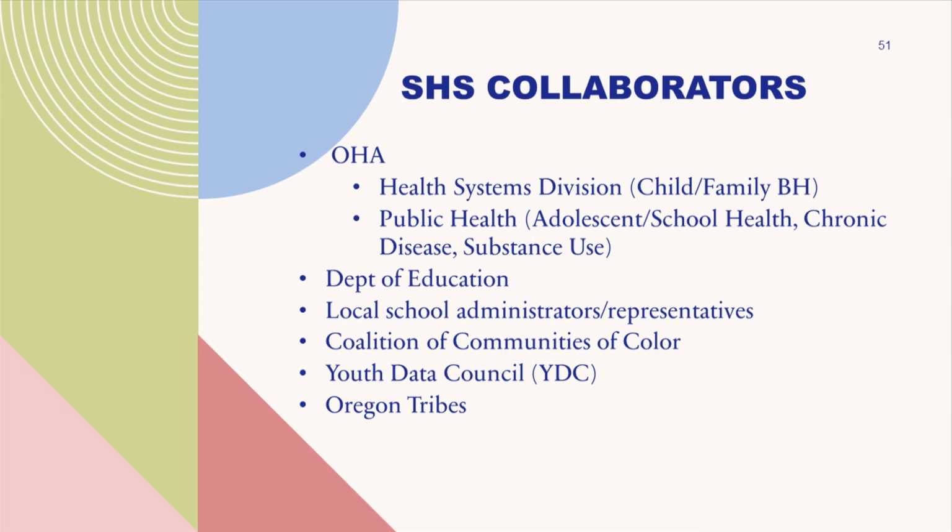Next slide. The SHS has many collaborators, including a few different divisions at OHA, the Department of Education, local school admins, the Coalition of Communities of Color, the Youth Data Council, which we'll talk more about later in this presentation, and also Oregon Tribes.